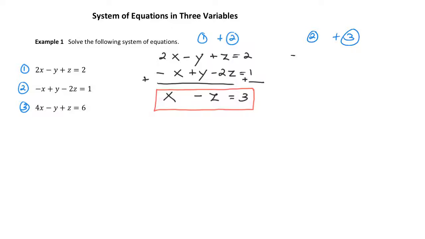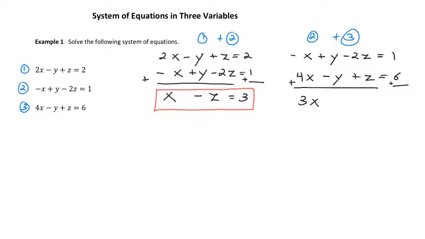We have negative x plus y minus 2z is equal to 1, added to 4x minus y plus z is equal to 6. When I add these together, I have 3x, the y's cancel, I have a negative z, and that's equal to 7.